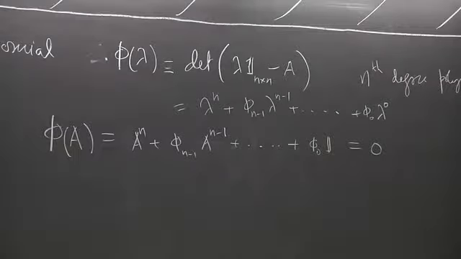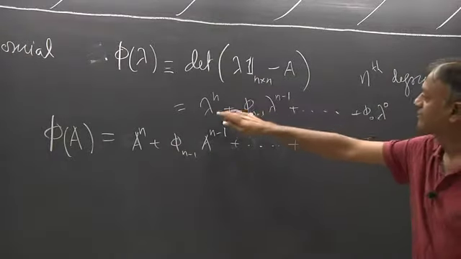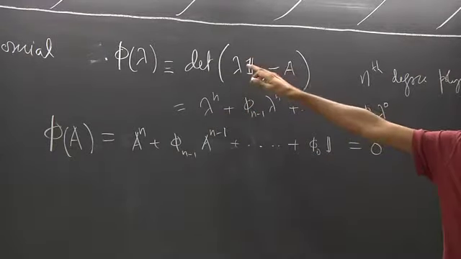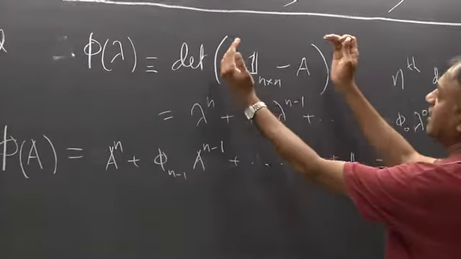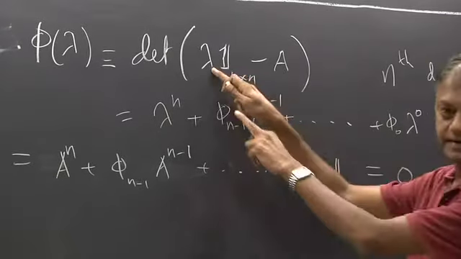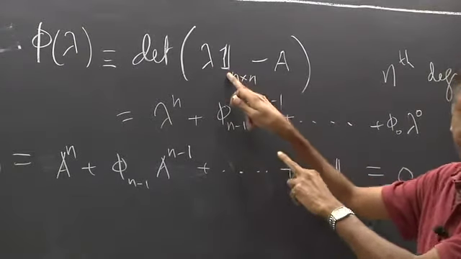Why do we need the Cayley-Hamilton theorem? Because by the definition of the characteristic polynomial, if you put A in place of lambda, then that becomes 0, right? No, that is not correct. Naively it looks like that, but when I'm computing the determinant, I'm thinking of lambda as a number, and what appears there is the identity matrix.